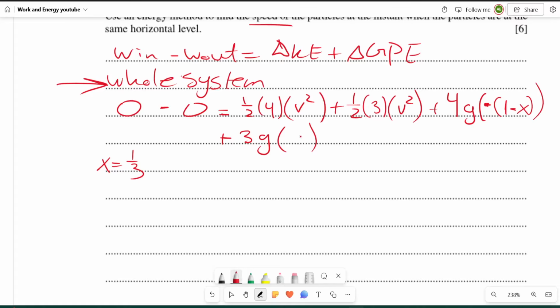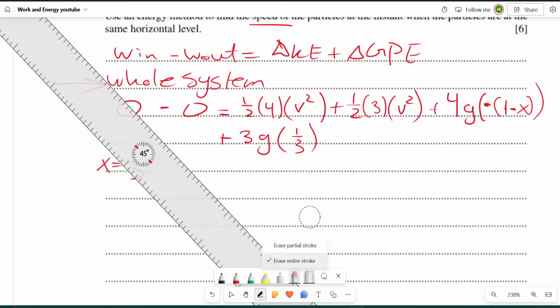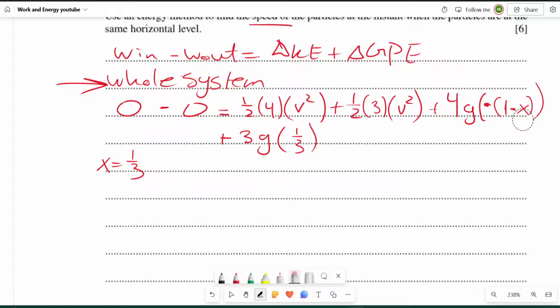So this becomes 1 over 3, and this also becomes 1 over 3. Now I can solve for v. The left side is going to be 0. Half times 4 times v squared is 2v squared. Half times 3 times v squared is plus 1.5v squared, plus 4 times 10 times negative, open bracket, 1 minus 1 over 3, which is minus 80 over 3. And this is going to be basically 3 and 3 will cancel. This is going to be 10.